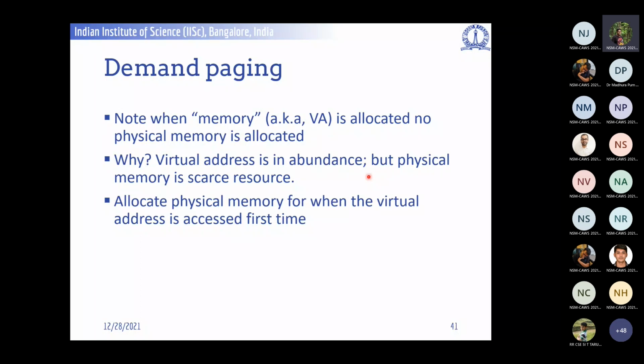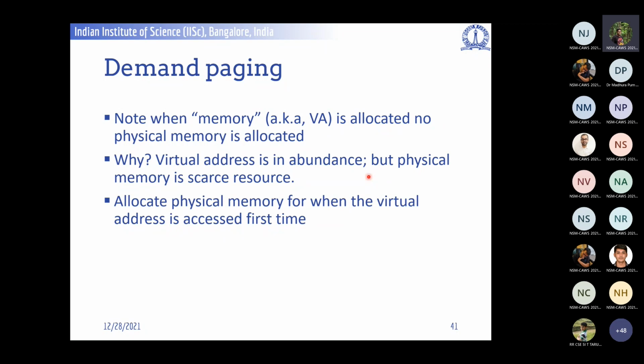On the other hand, virtual address space is abundant. Each process can have up to 256 terabytes. So you can waste a few virtual addresses because they are not real. That's the reason you just allocate virtual addresses when the application asks for memory.